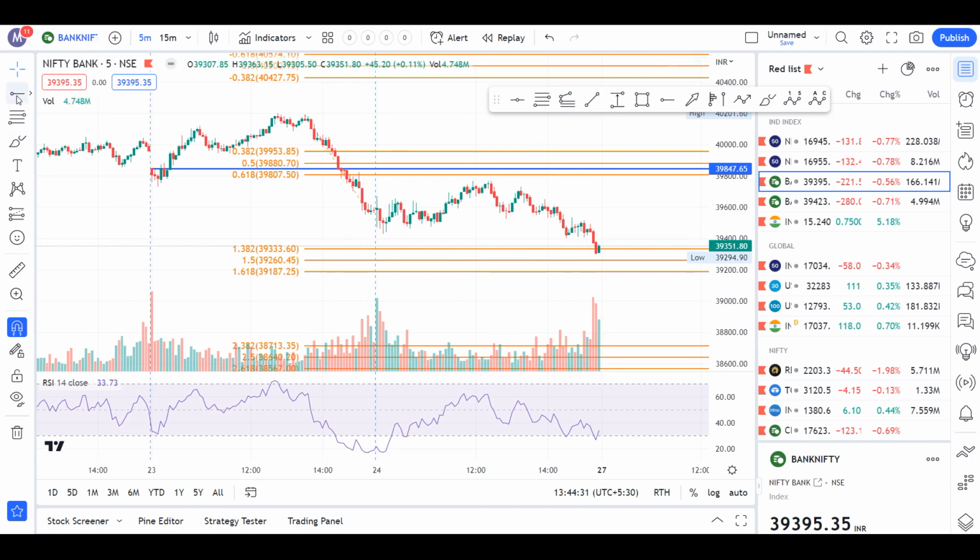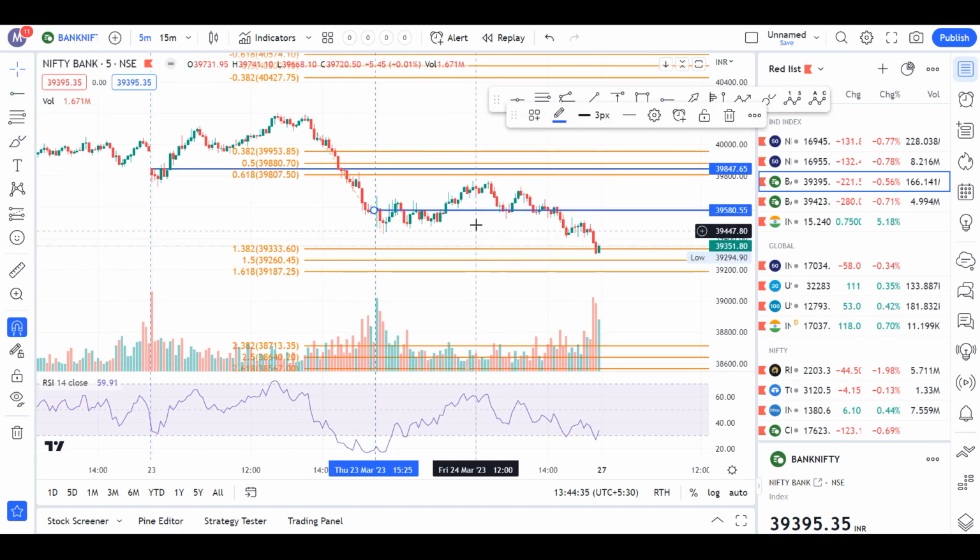We have one closure around this area, which is where it was taking support, and after that, in the second half, it gave the sell off. So this is the basic strategy, and if you practice it more, you might get further filtrations to cut down your unnecessary trades. The only thing is, wait for your levels. If you don't get the levels, you can avoid trades for that day.